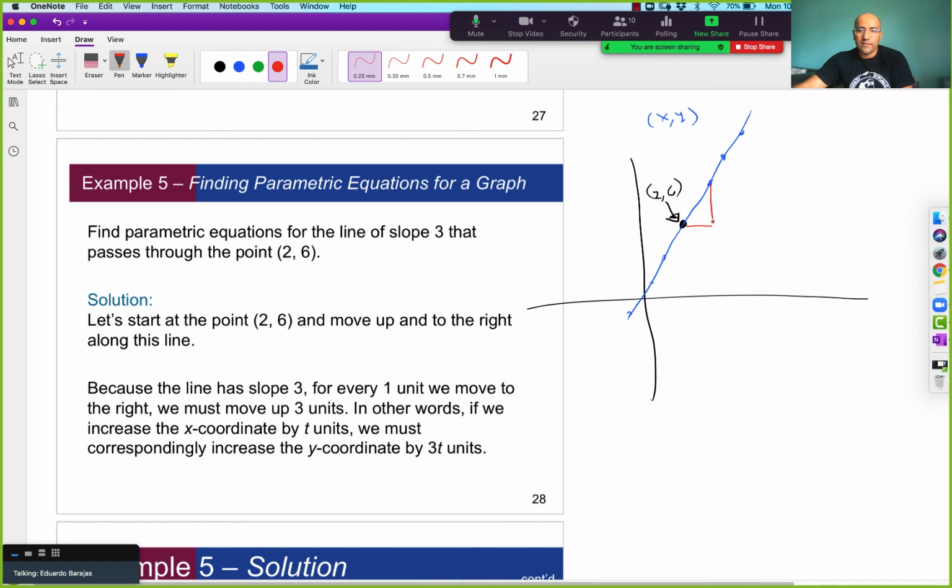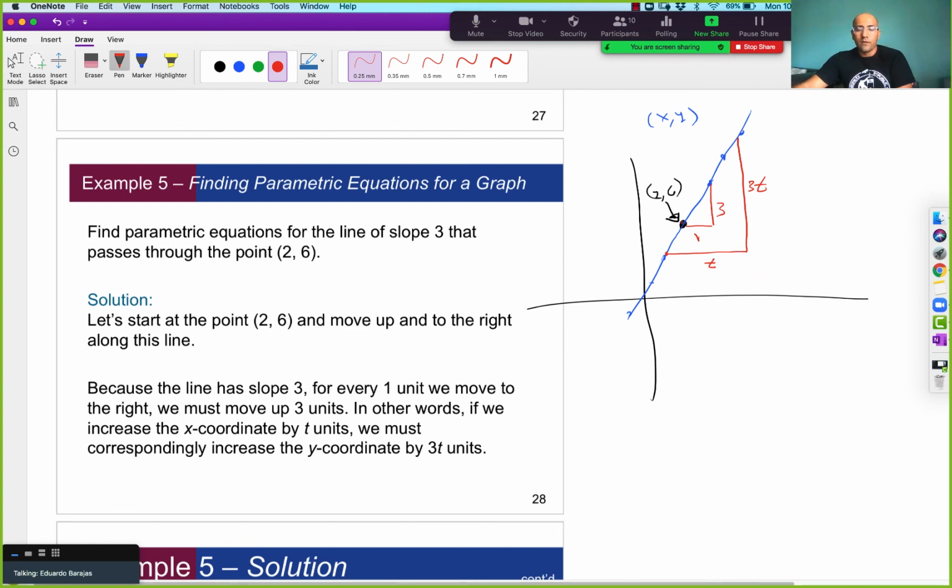The slope is this guy: 1 unit here, 3 units there. So whenever the x is changed by 1 unit, the y is changed by a multiple of 3 units. So in general, if this thing is changed by t units, then this thing would be changed by 3t units. Whatever this value is, we triple it, and that's what we get there.